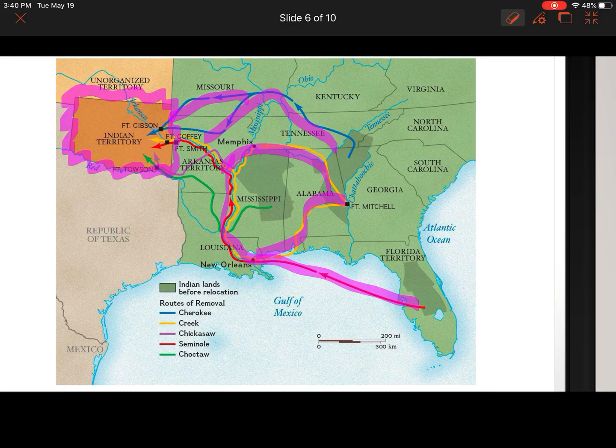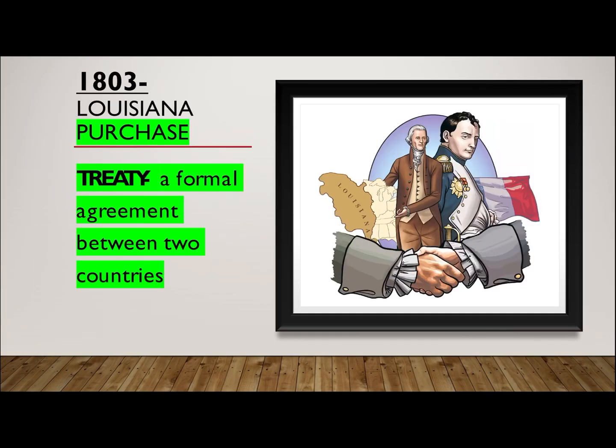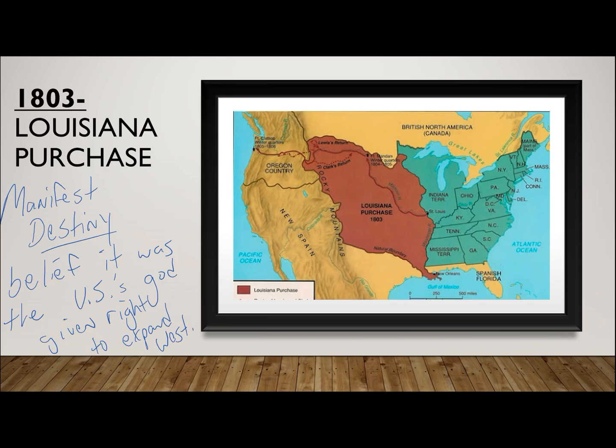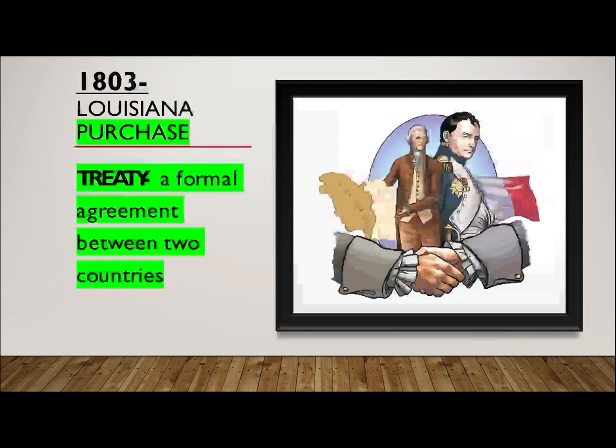Jackson, like I said, was stubborn and had his enemies, and he felt that land was better suited for American settlers to live on. So the Native Americans are removed. And again, as I talk about Westward Expansion and Manifest Destiny, we have to talk about the Native Americans, because as we expand west during the 1800s, Native Americans are going to continue to lose their land.